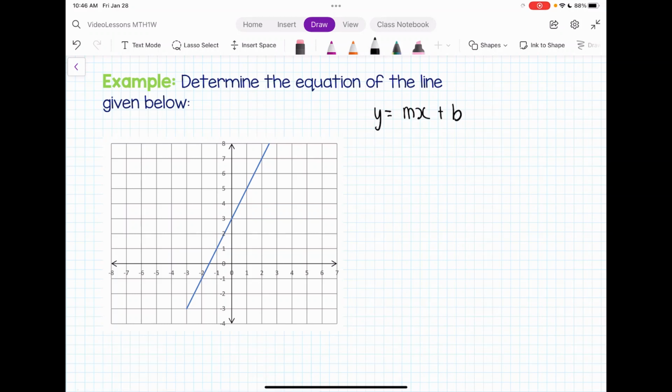At the beginning of this video, I mentioned that there are different ways that we express the equation of a line. This form is called slope-intercept, because it gives me the slope and the y-intercept. And that's why we call it slope-intercept form of the line.